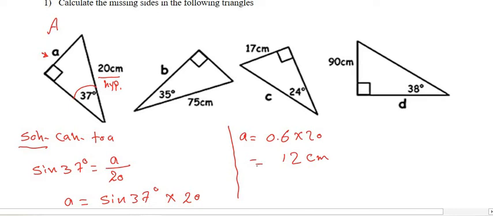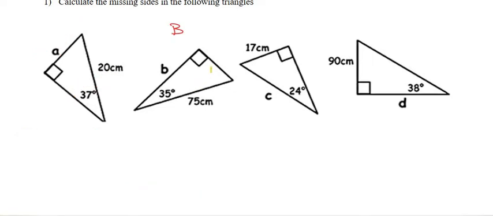So using trig ratios we could find out the measure of the required side. It will be 12 centimeters in the first triangle. I hope you could solve this example, and anyway, let's try to solve it together and check your answer.